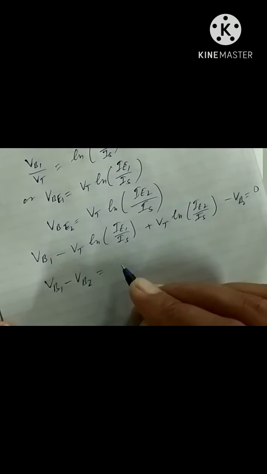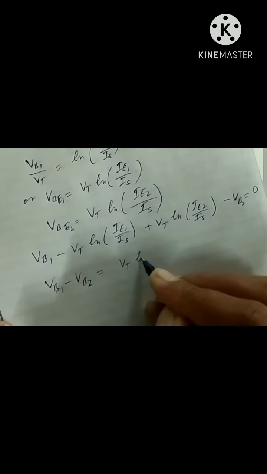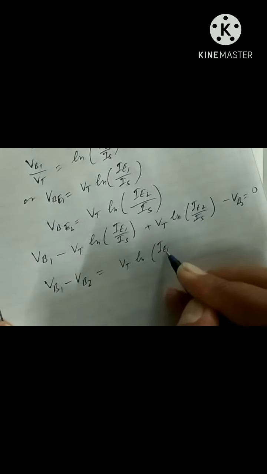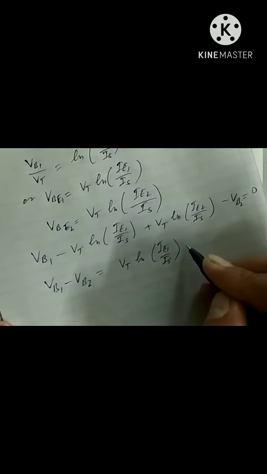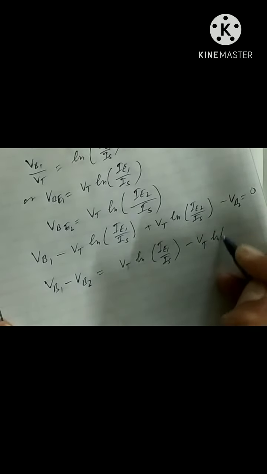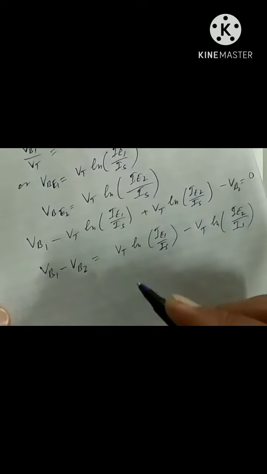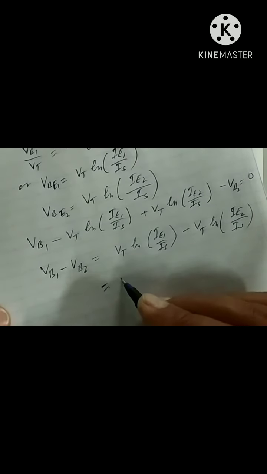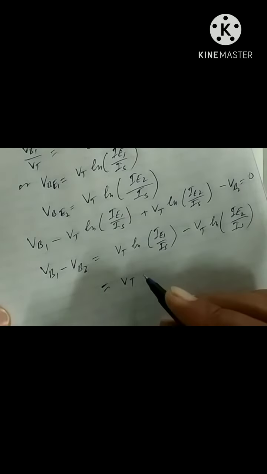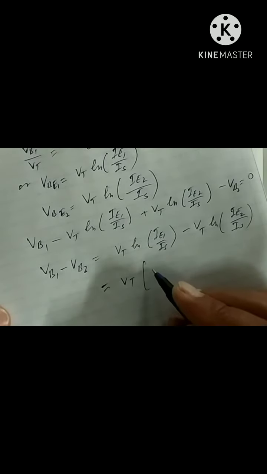VB1 minus VB2 is equal to VT ln IE1 by IS minus VT ln IE2 by IS, and take VT common.